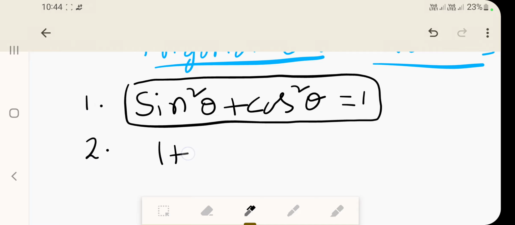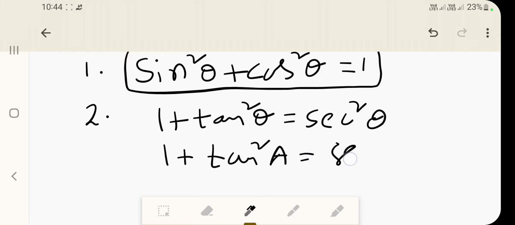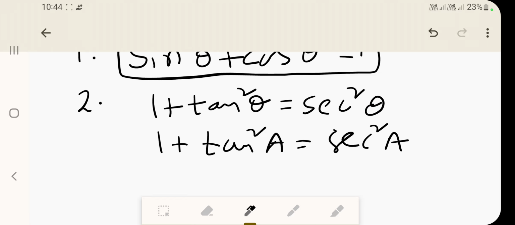Another identity we have is 1 plus tan square theta is equal to secant square theta. In place of theta, same as identity 1, you can have 1 plus tan square A is equal to secant square A. Both are the same. Only in place of theta, we are writing A or B or C. Any angle you can write.